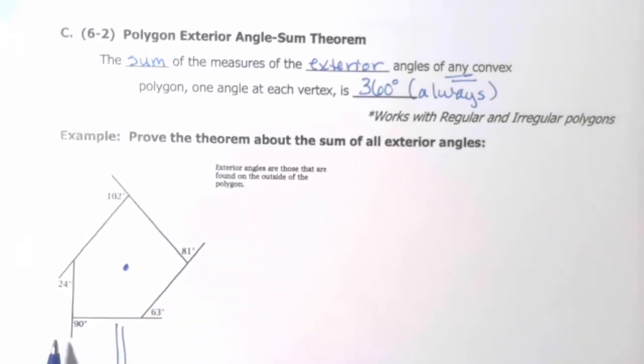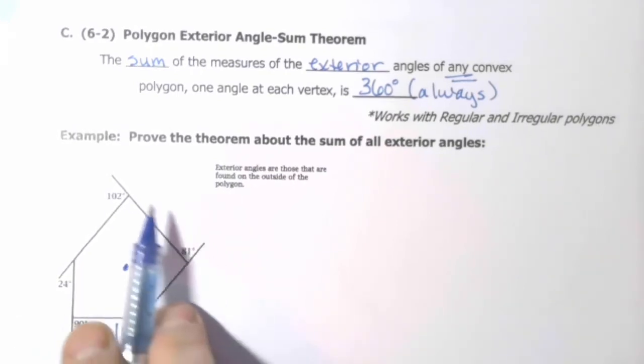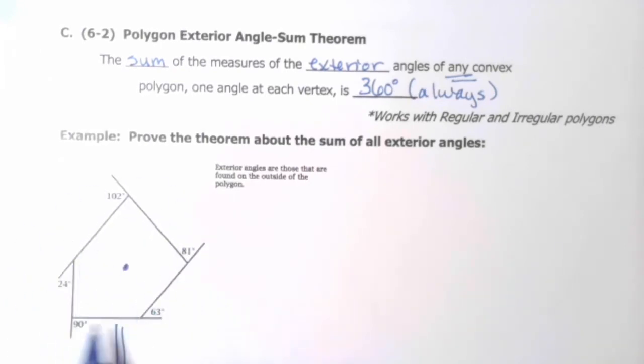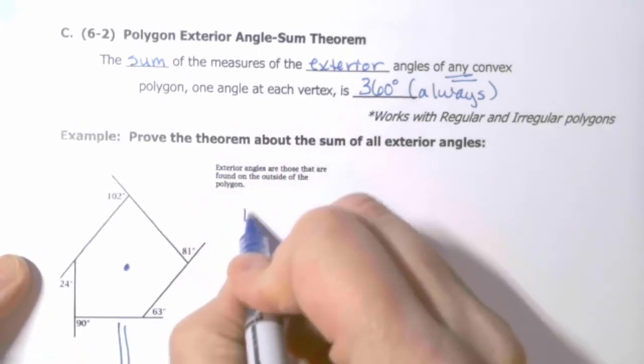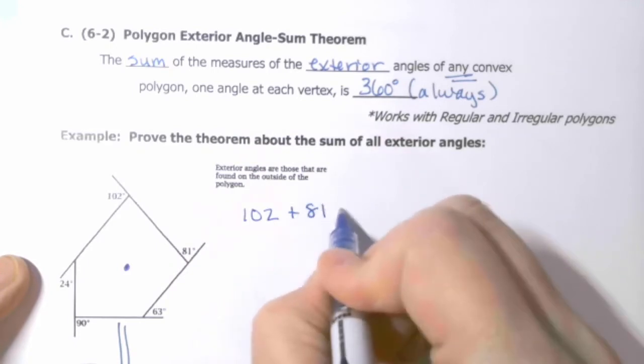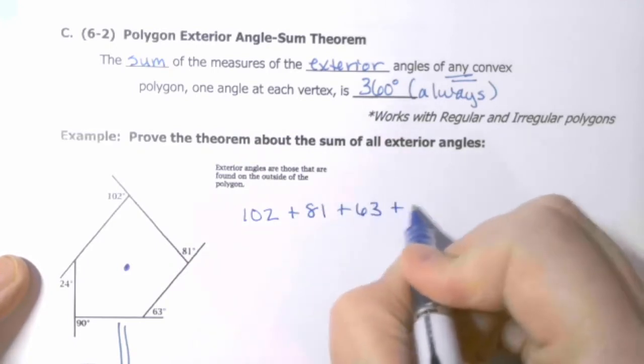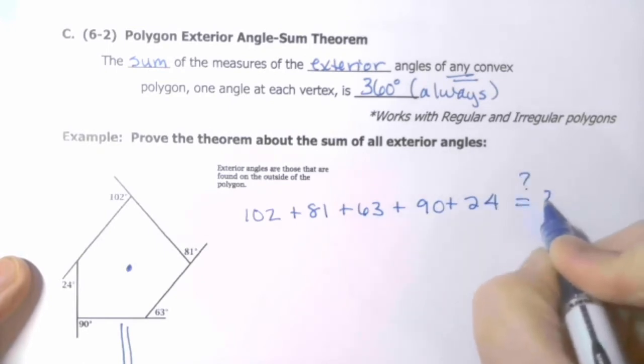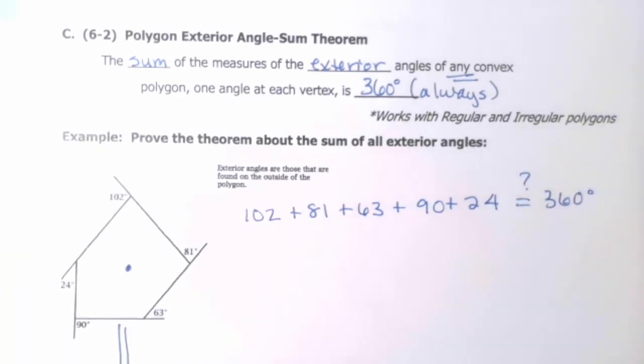When you draw your exterior angles, they should always go in the same direction, either all counterclockwise like this one or clockwise, but they have to go the same direction. Well, if I take this and add it up, 102 plus 81 plus 63 plus 90 plus 24, we want to know, is it really 360 degrees?